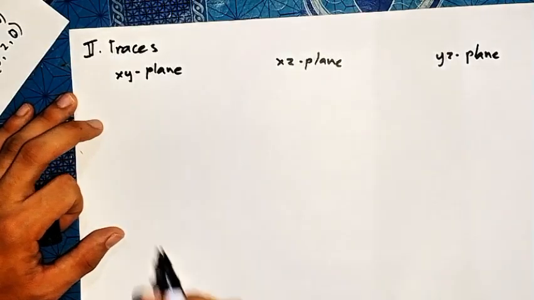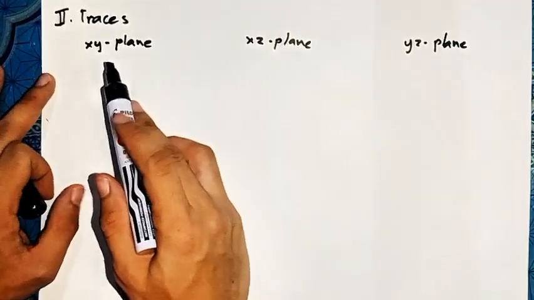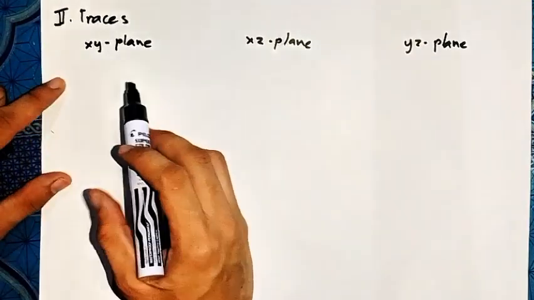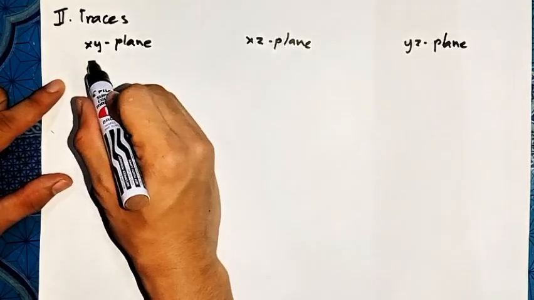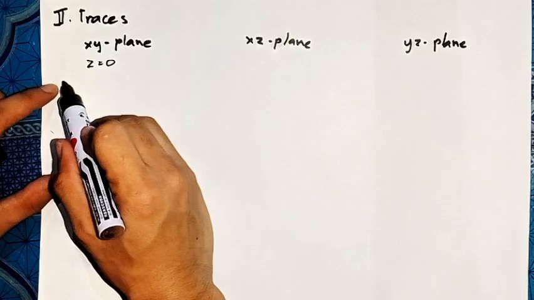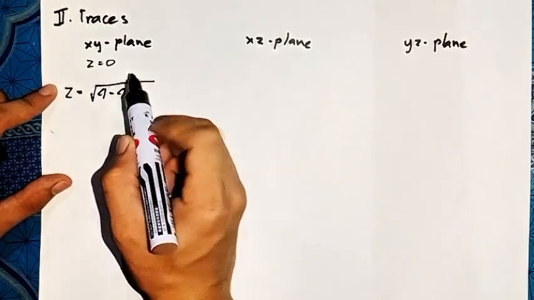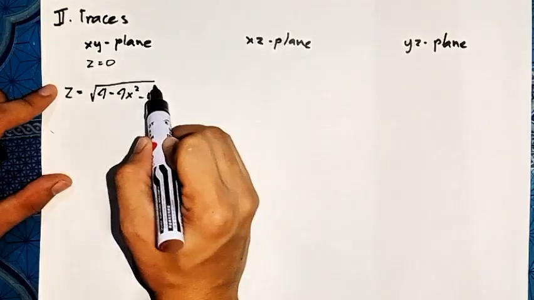First, let's proceed here in the xy plane. In the xy plane, we let z is equal to 0. Again, our function is z is equal to the square root of 4 minus 4x squared minus y squared.